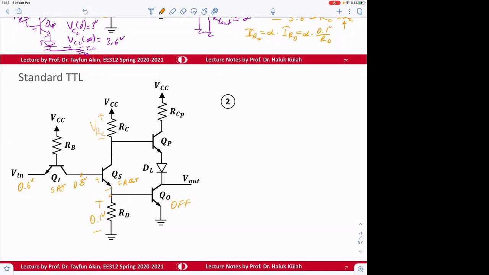This is VRC, and since this is in forward active, this current is IE, and then this will be alpha times IE. And this is between the edge of cutoff, still off, or forward active. We call it the edge of conduction.